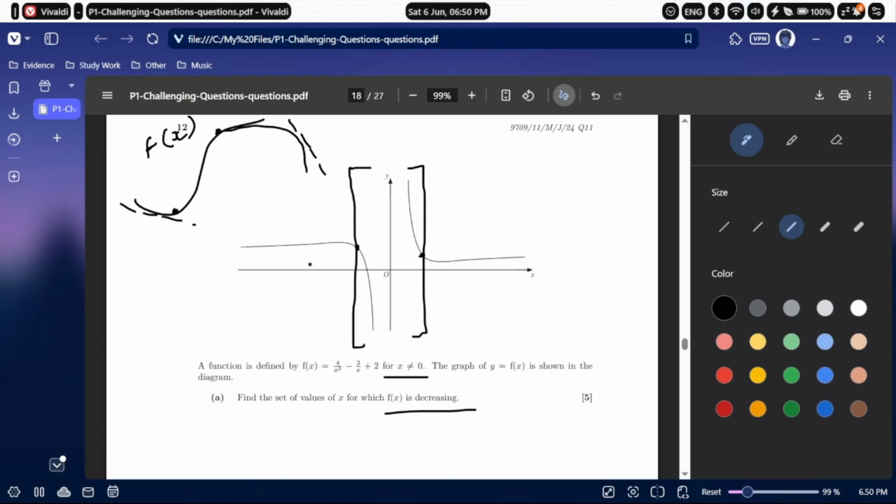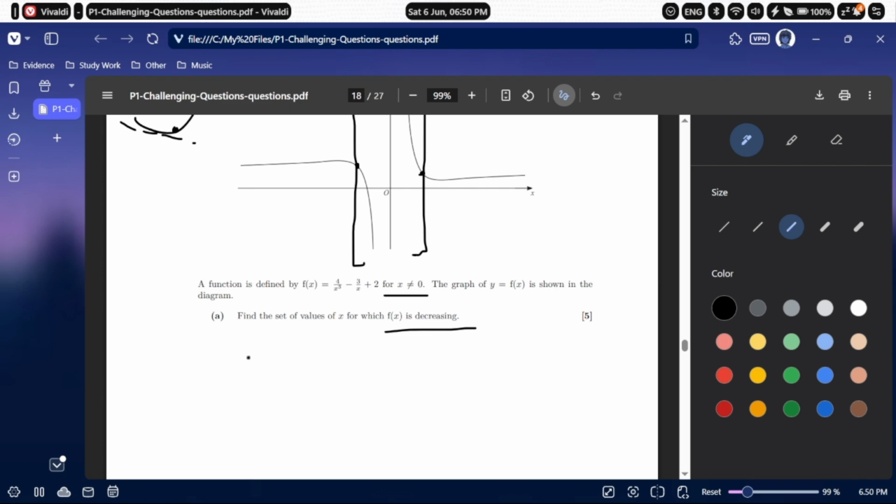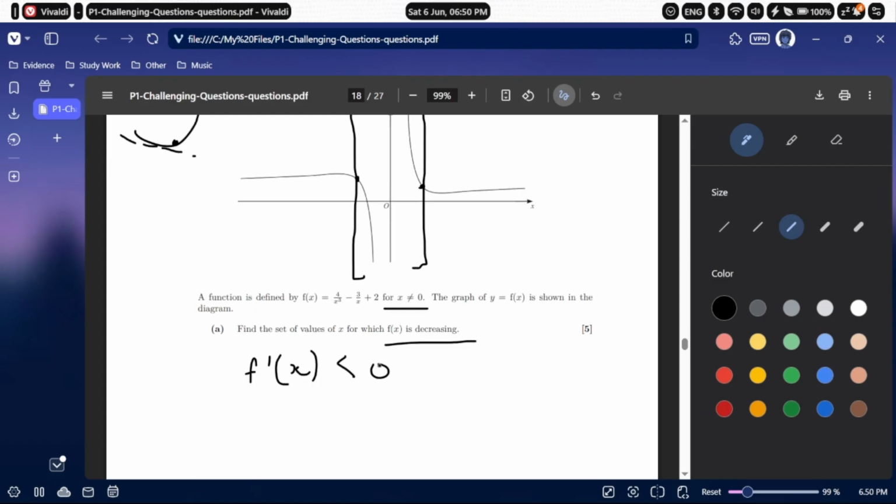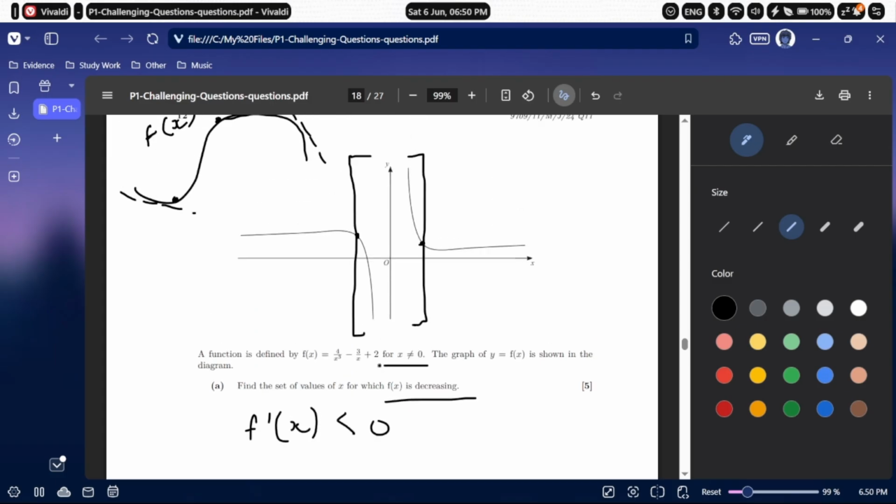Your function basically decreases when the gradient of the function is negative. So keeping that in mind, you can say it's decreasing when my gradient function is less than 0. You can try to visualize that if you want a better idea.